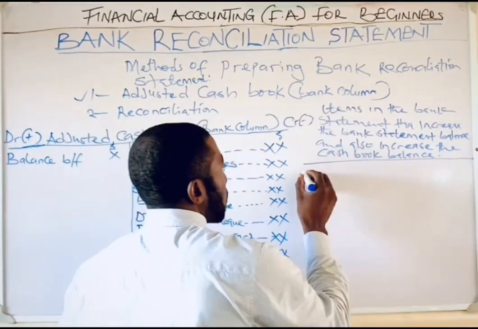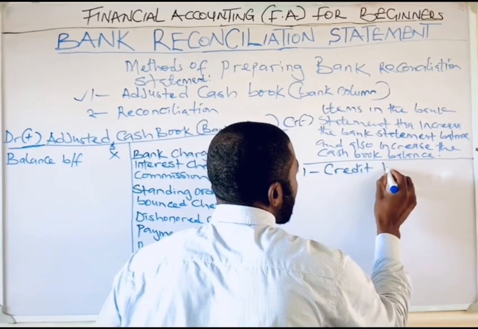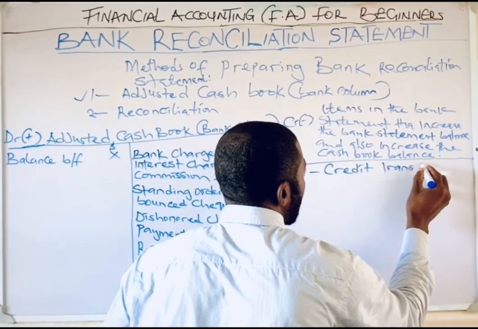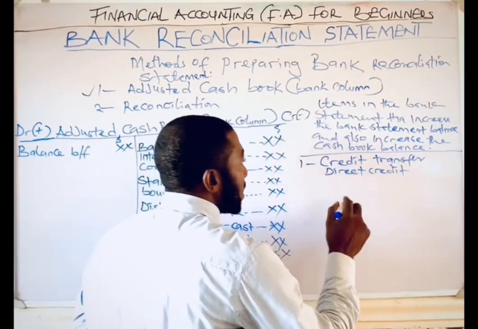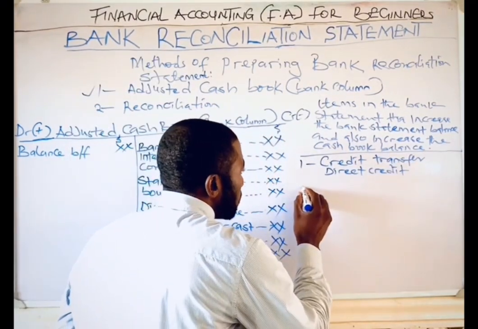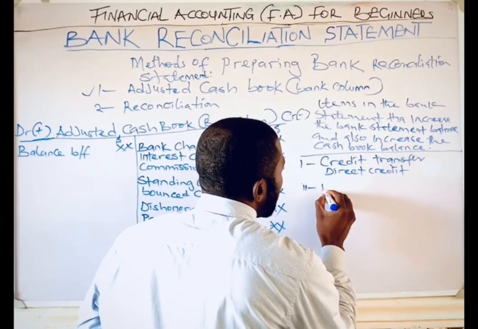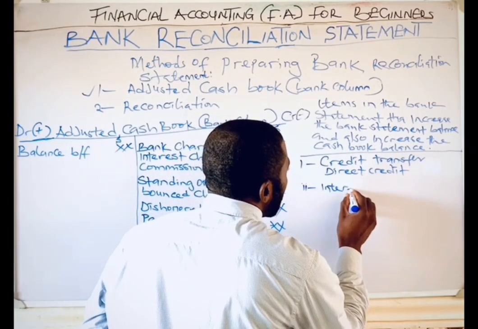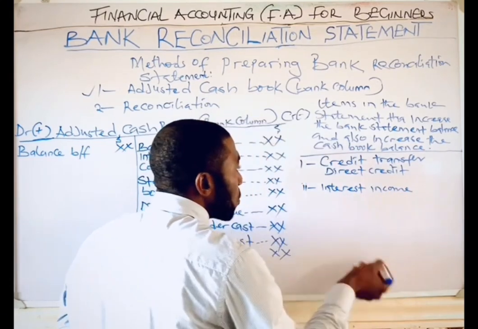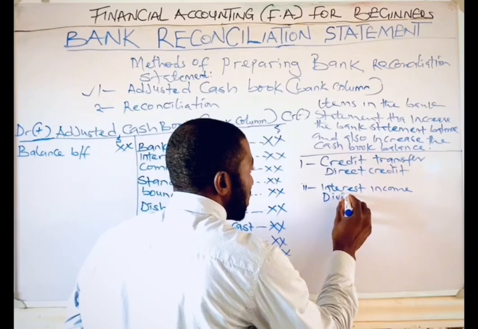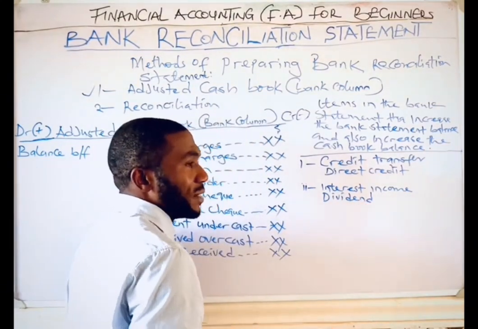Let's see these items. Number 1, credit transfer. The credit transfer is the same thing as direct credit. Number 2 is interest income. This interest income is the same as dividend and other interest that you might receive.